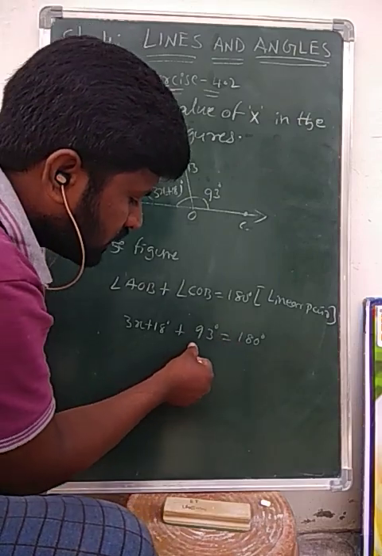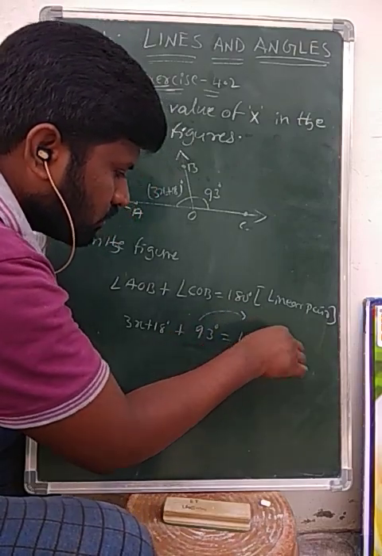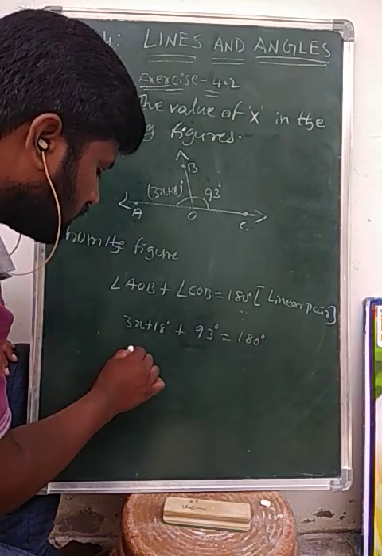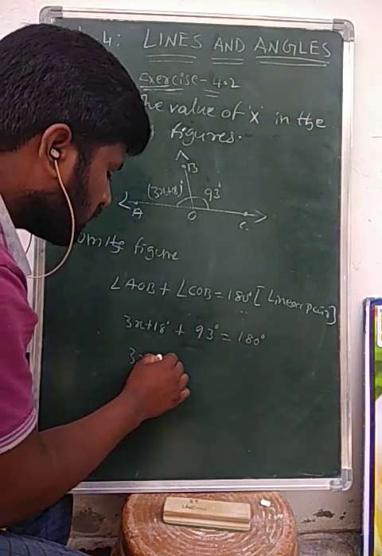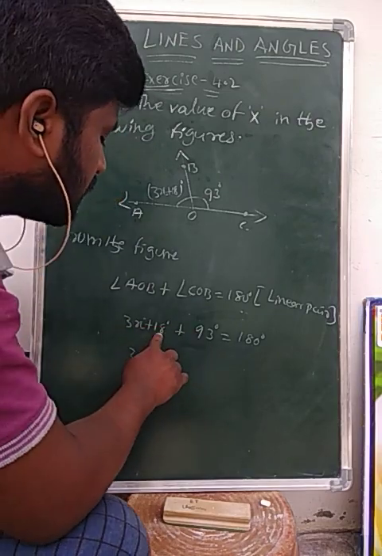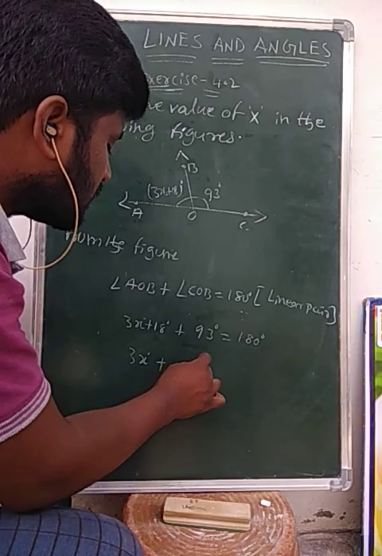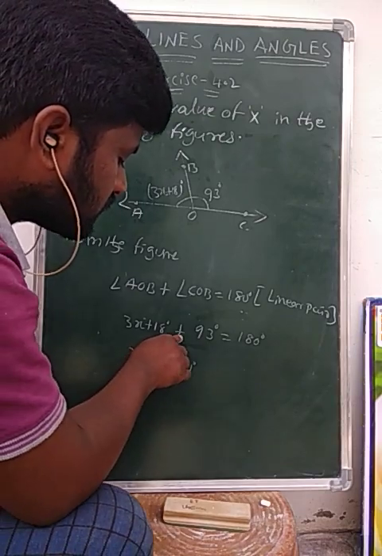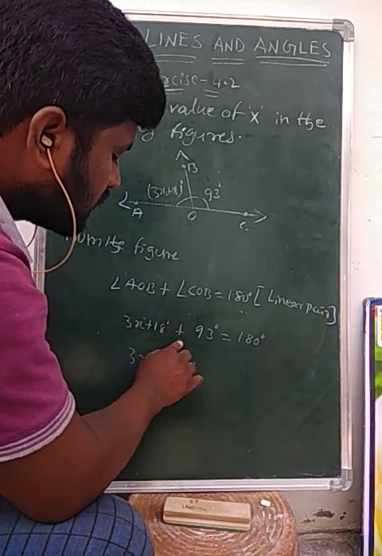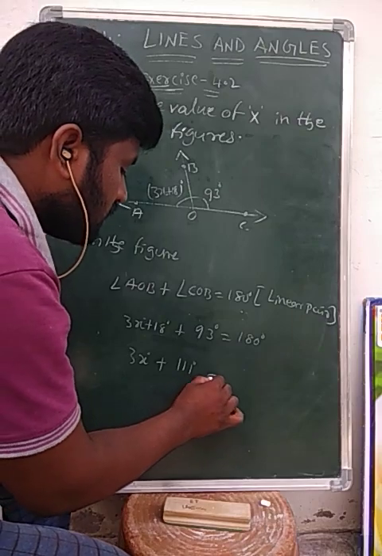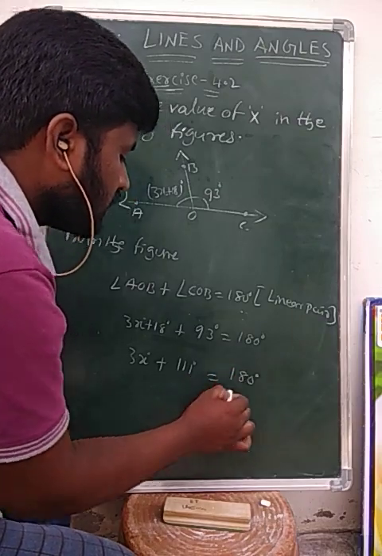First of all, let us add 3x degrees plus 18 plus 93. 18 plus 93 means what? That is 111 degrees. 18 degrees plus 93 degrees, we add these two. That is 111 degrees is equal to 180.